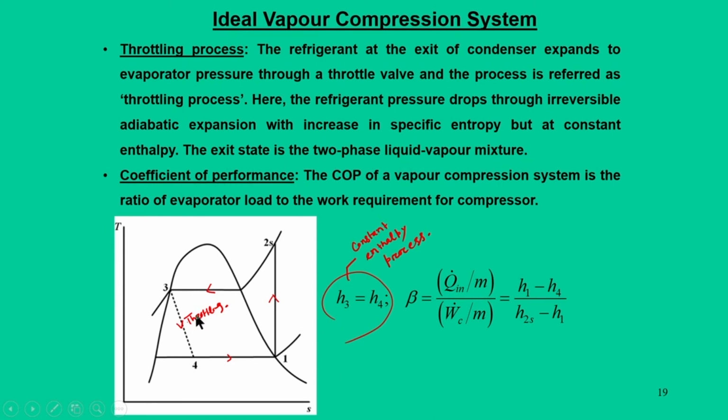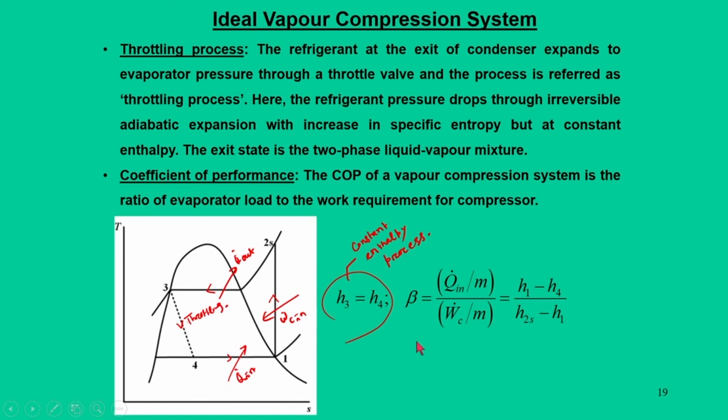From this we also know the evaporator load from 4 to 1, the compressor work from 1 to 2S, and the condenser load from 2S to 3. So, we now require Q dot in and Q dot out, and we also know the compressor work W dot C, which is the input.